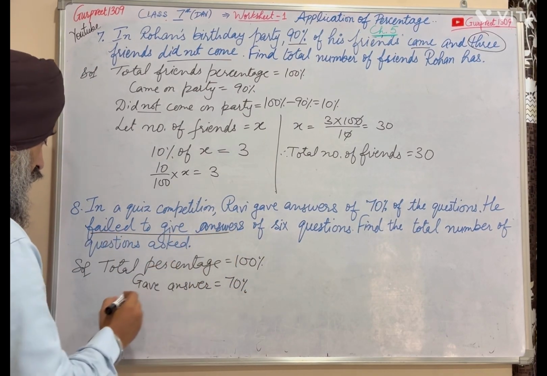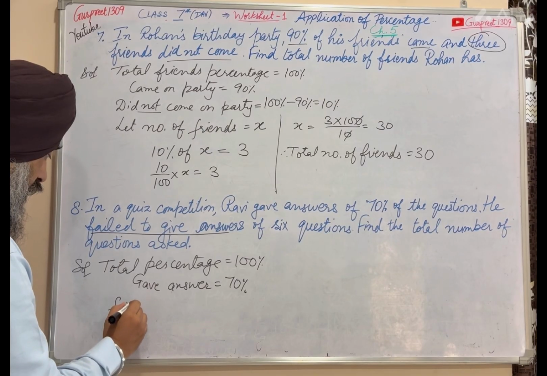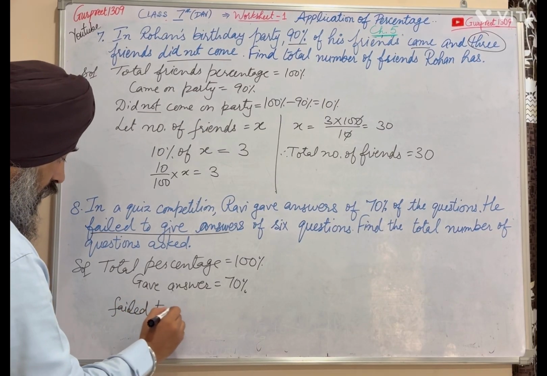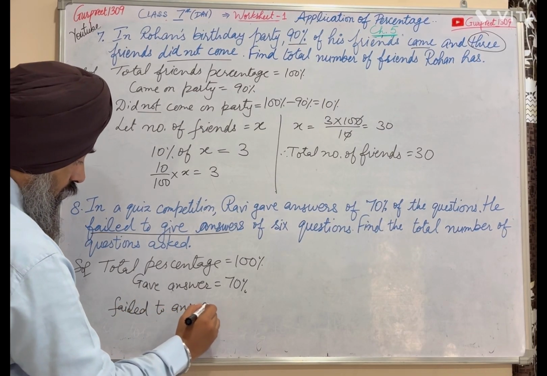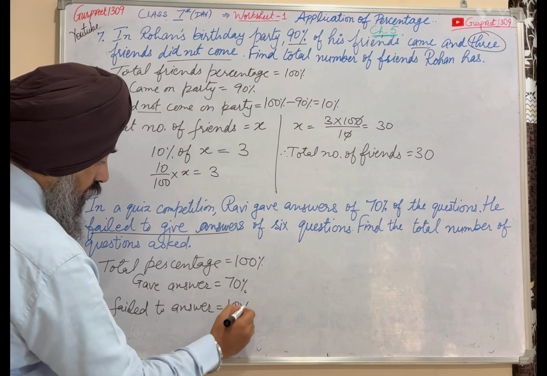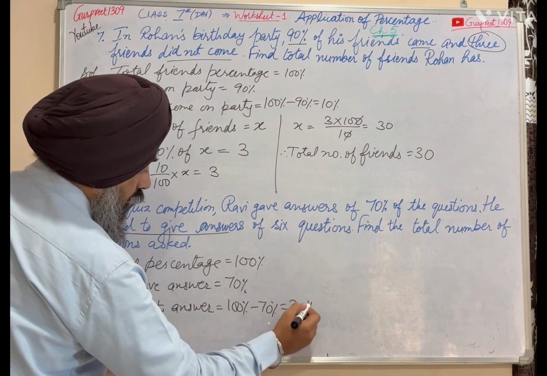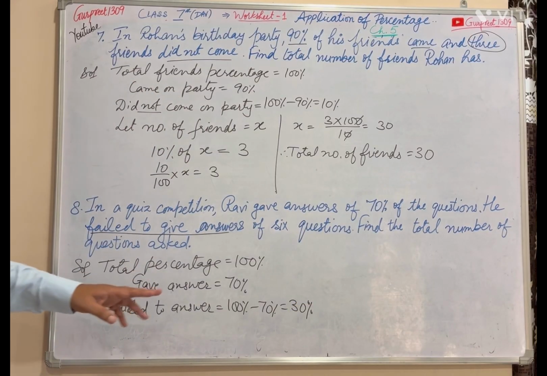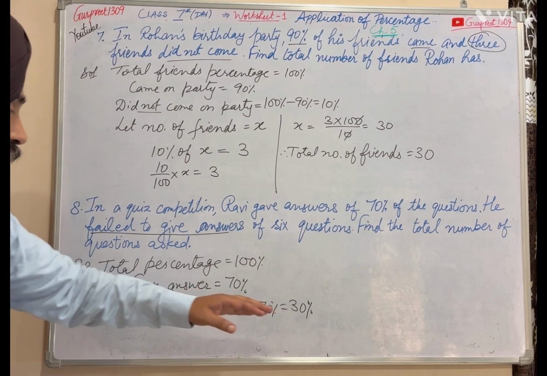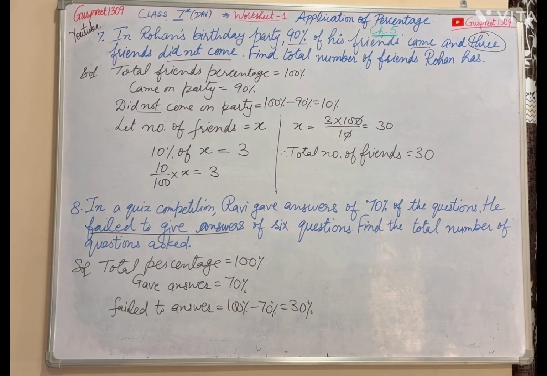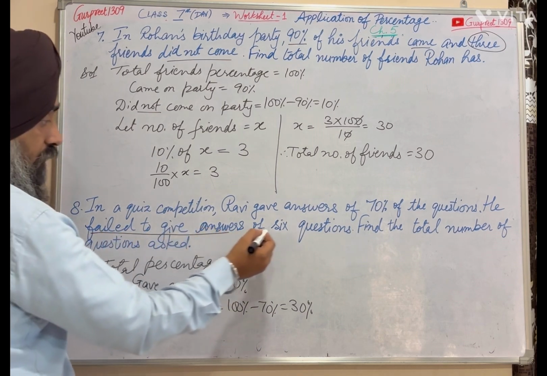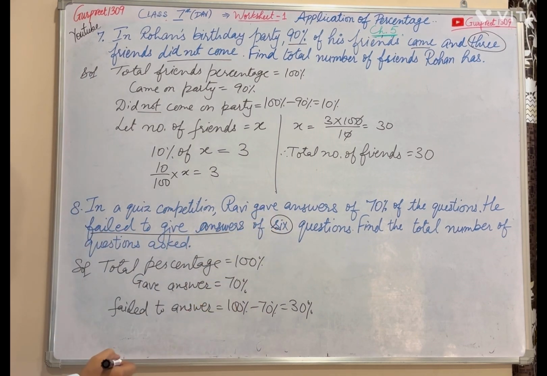Failed to give the answer: 100% minus 70%, that is 30%. So 30% of the questions he didn't answer. Now what is that number? He failed to answer 6 questions.